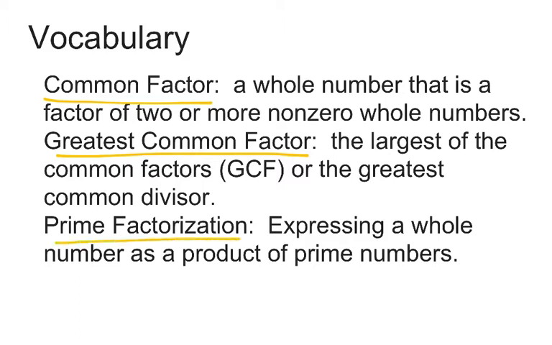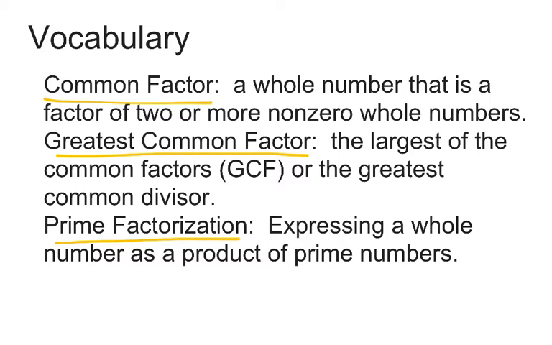Prime factorization is the method of expressing whole numbers as a product of only prime numbers. And if you already have these vocabulary words in previous notes, they should be well organized and you should be able to refer back to them, and you do not have to copy them down again. Of course, if they're missing in your previous notes, you're going to want to copy them down again.